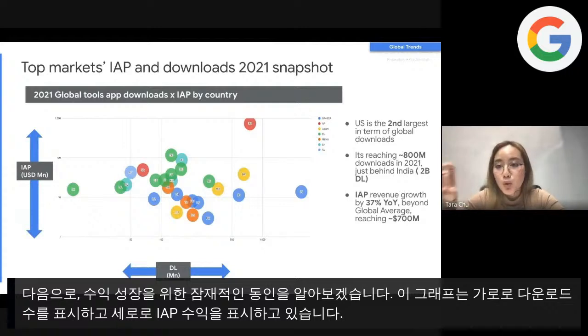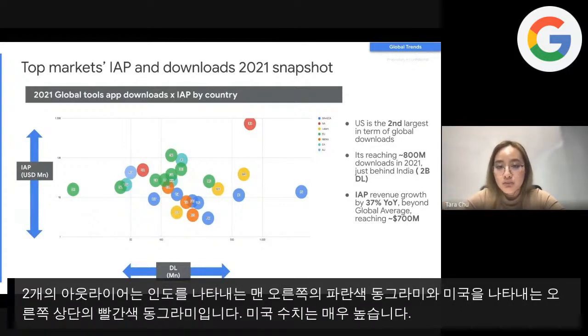You can see the blue bubble on the top, on the farthest right, is India, and the red bubble on top is US. You can see US is second largest in terms of downloads, just behind India, really close to the 1 billion mark in 2021, right?